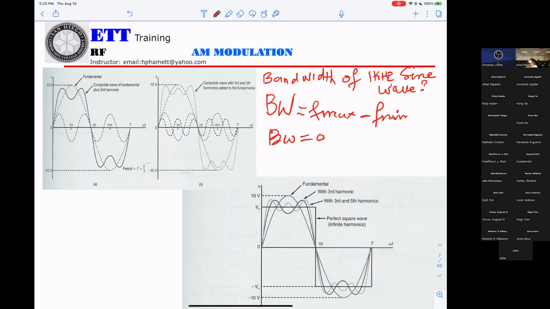So the bandwidth of the fifth harmonic of a square wave, can you tell me what's the bandwidth of the fifth harmonic of the square wave?